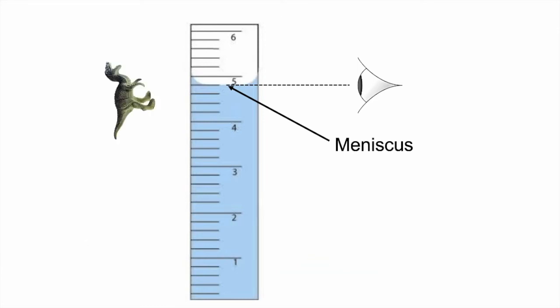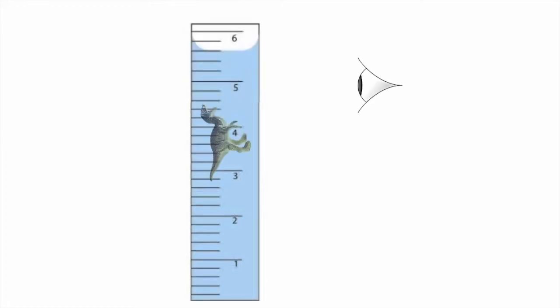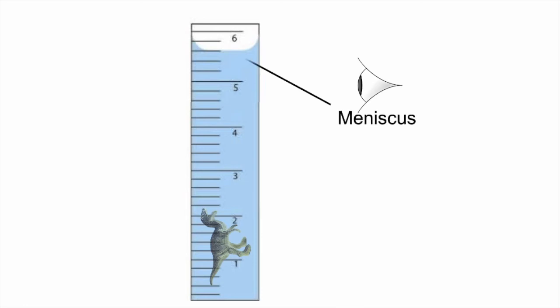The next thing we're going to do is put our dinosaur into the water, and measure the new volume, because as we see when we put the dinosaur in, the dinosaur displaces a volume of water equal to its volume, so our water goes up in the graduated cylinder. So let's take a look at our new volume in the cylinder.